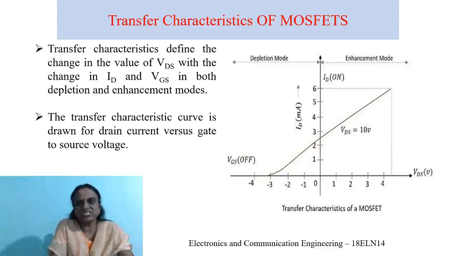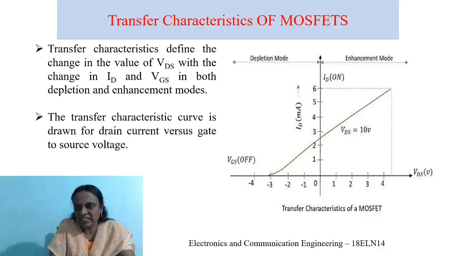So this represents the enhancement and depletion modes. In this graph, we can observe that as VGS is increased, it goes to the enhancement mode. So enhancement mode is obtained only for the increasing magnitude of the gate to source voltage.